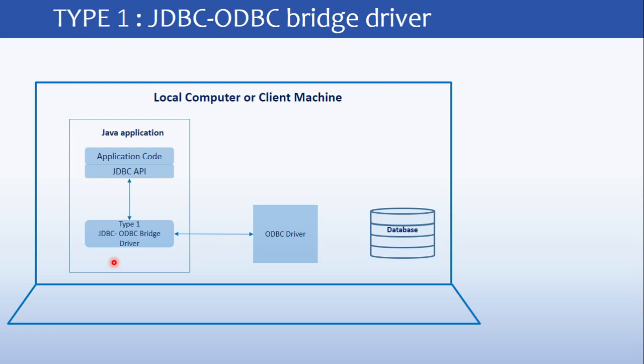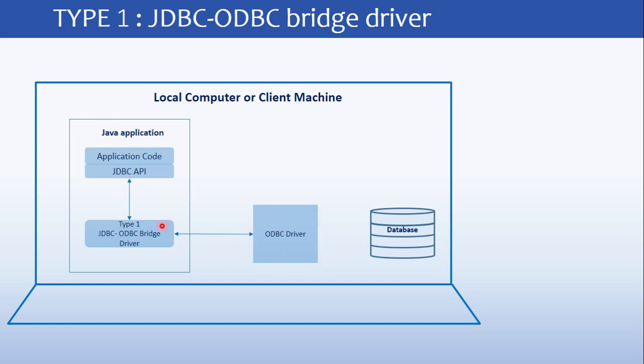Now try to understand, don't get confused between the type 1 JDBC ODBC driver and the ODBC driver, because the keyword ODBC is on both sides, but the type 1 JDBC ODBC bridge driver and the ODBC driver are totally different.